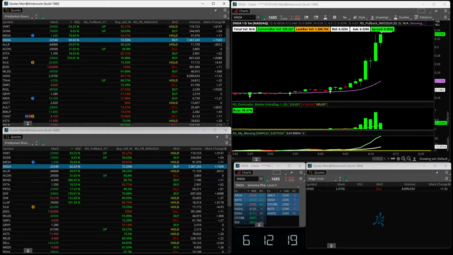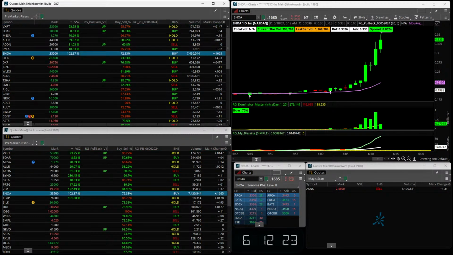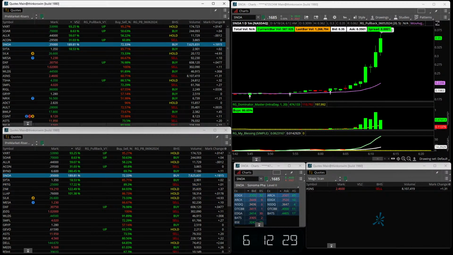Running on up from 31 to 32 cents and a little higher, up to 35. Very volatile movement, jumping up and down. Continuing to climb.